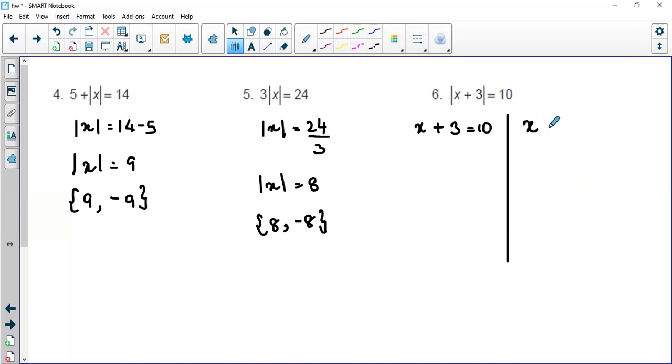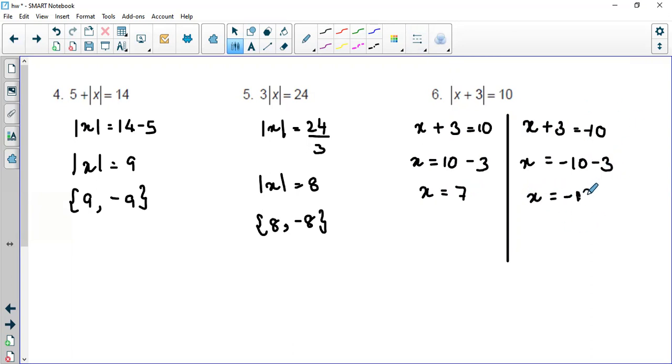The other side x plus 3 equals negative 10. So you will solve how you would normally solve an equation. 10 minus 3, so x is equal to 7, or we can say that x equals negative 10 minus 3, right? The plus 3 will become minus 3 when it moves to the other side. So that will give you x is equal to negative 13.